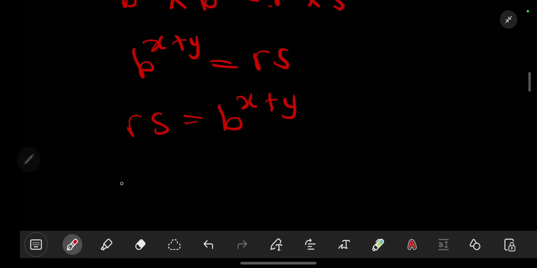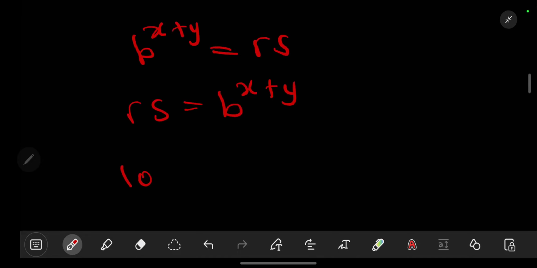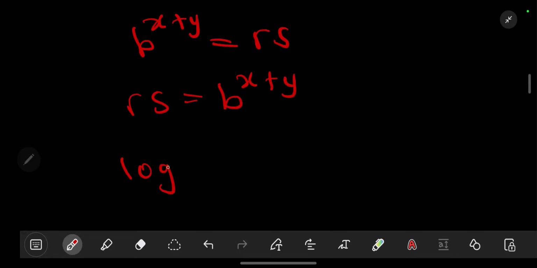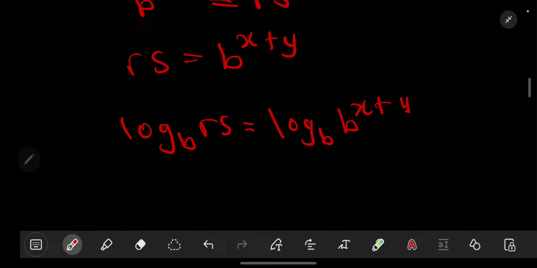So since b is here, and once we eliminate it, we are going to introduce log b here. Rs should be equal to, again, log of b down there, then we have b to the power x plus y. So according to the rules of logs, this comes there.